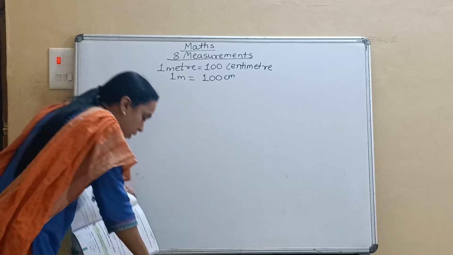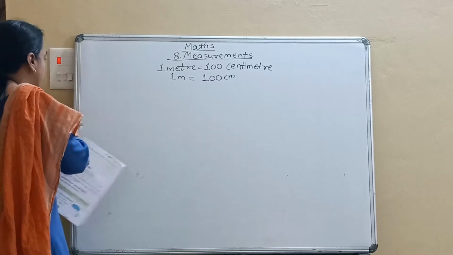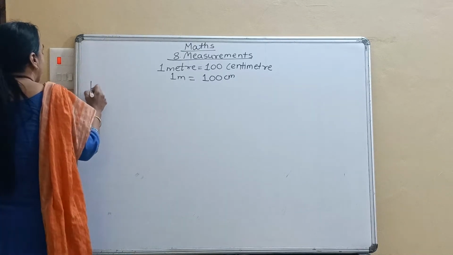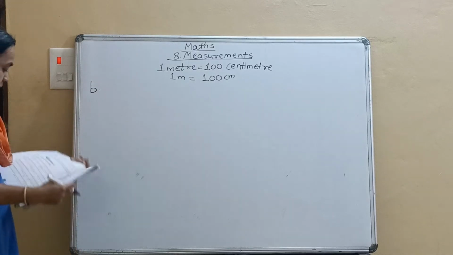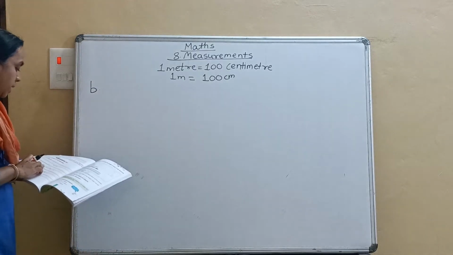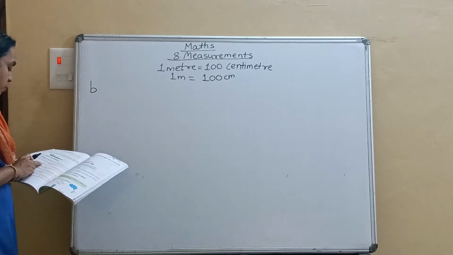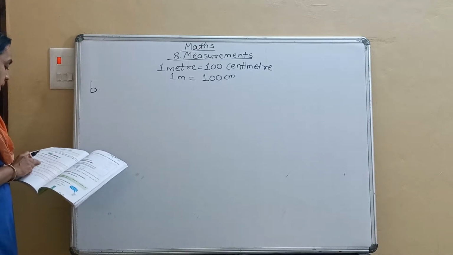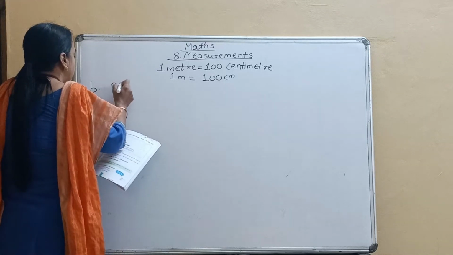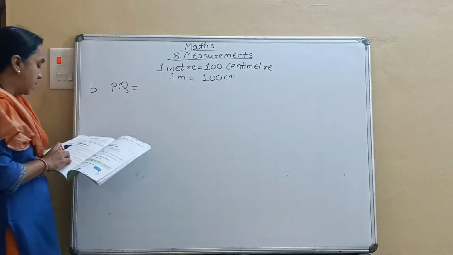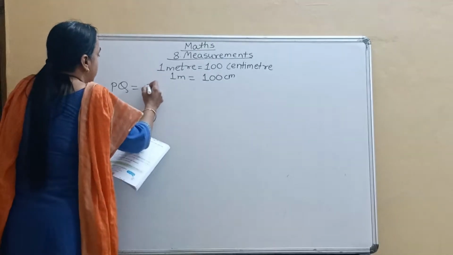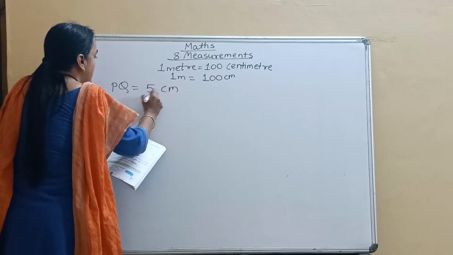Now see what is the B question. PQ measures how many? Up to which number is this PQ line? This PQ line is 5 centimeter. So you write down there 5.